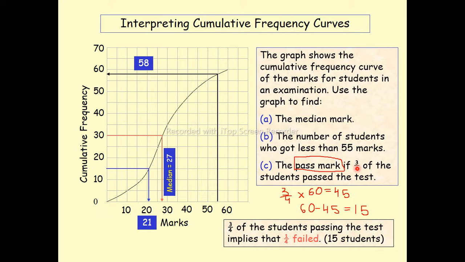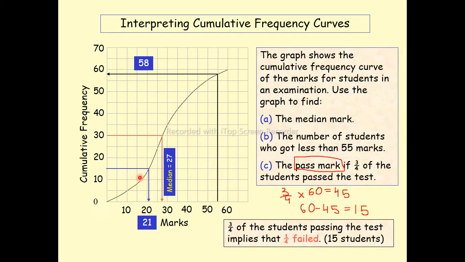It's the score that a quarter of the students didn't get, because a quarter of the students got less than 21%. That's exactly what this means. 15 students got less than 21%. So exactly 1/4 of the students got less than 21%.